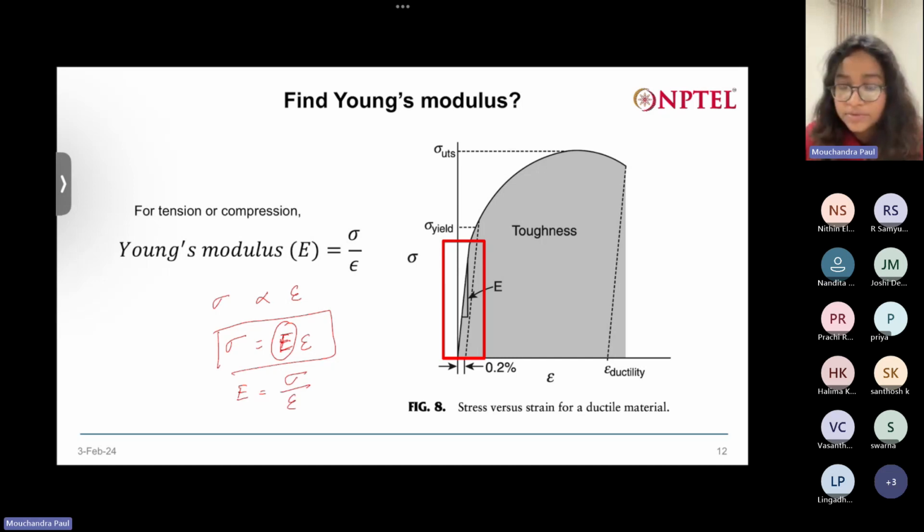So in this particular graph, you can get Young's modulus if you just take the slope of this linear region.